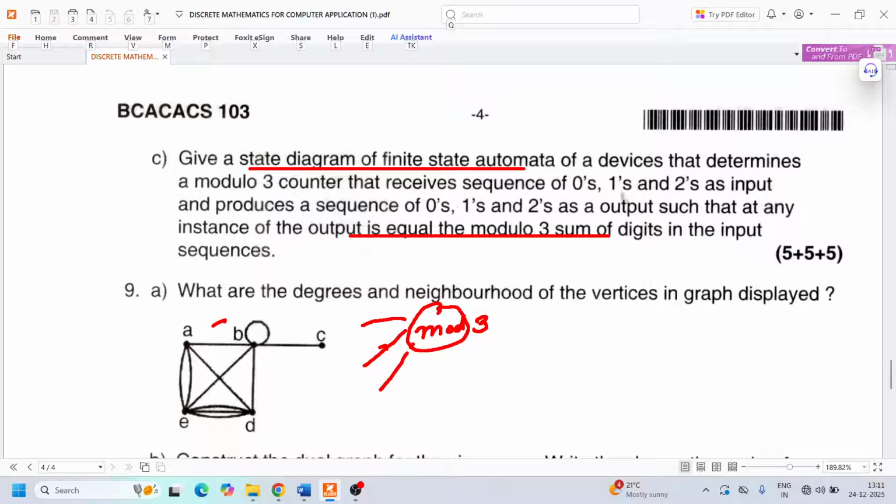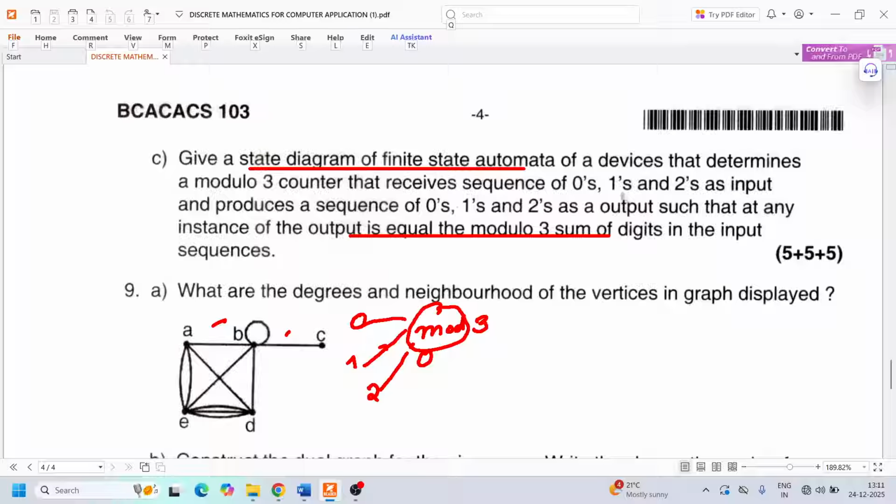The input here can be either 0 or 1 or 2. Suppose you give all the 3 inputs 0, 1, 2 as the input, you are going to sum them. So that is what is given over here.